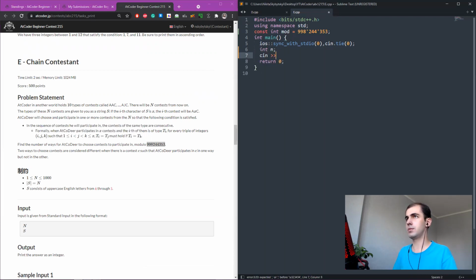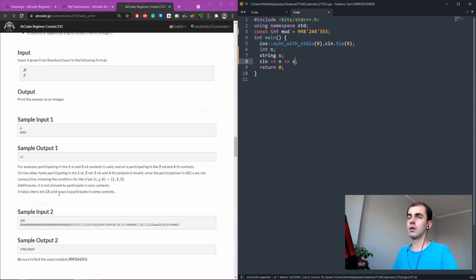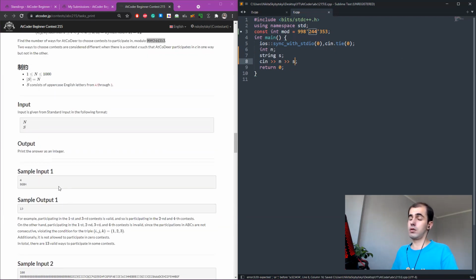Also, have DP on bit masks and prefix lengths. Okay, I'm lazy. You know me, I'm lazy. Do I have to output the longest? No, I have to count.